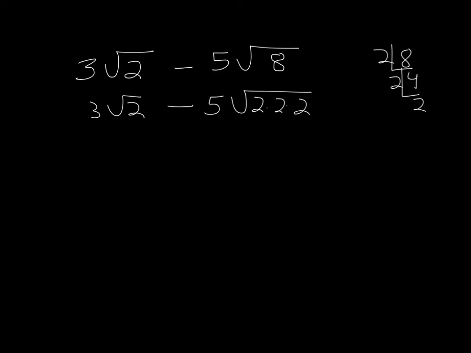Alright, so it's a square root problem, so for every 2 of the same thing, it gets to escape from the radical. So now we have 3 root 2 minus, now there was already a 5 sitting here, and now these two 2's are going to escape and join that 5.